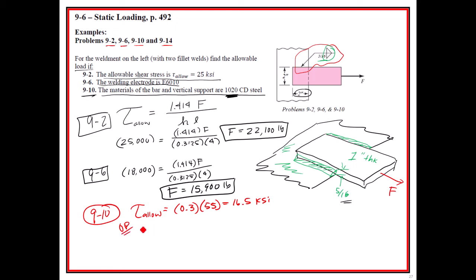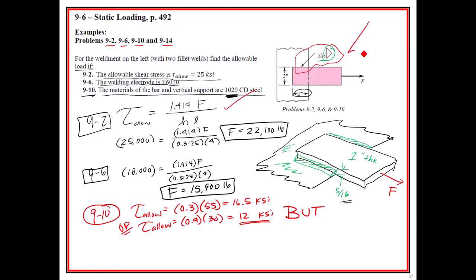or tau allow is 40% of the yield, which is 30, which turns out to be 12 KSI, right? All right, so obviously 12 is the controlling one, but it's not going to be the same stress that we have up here, because this stress is based on what's inside the weld.